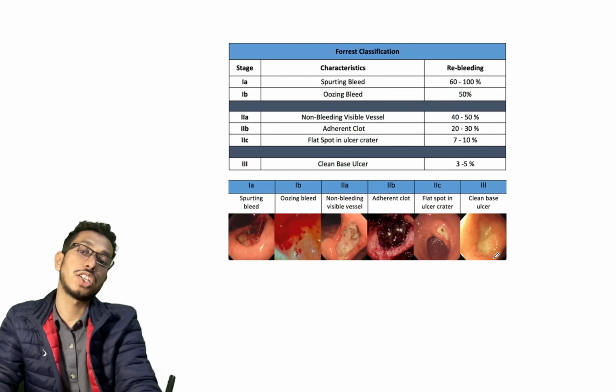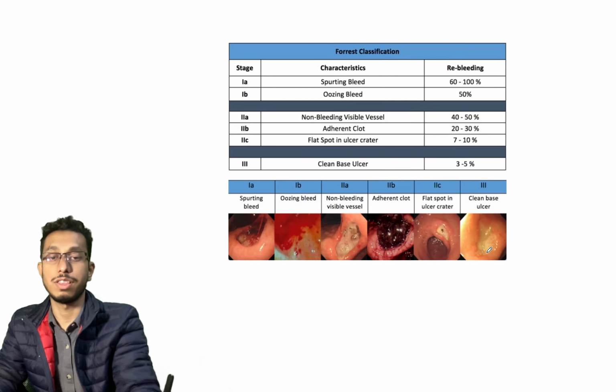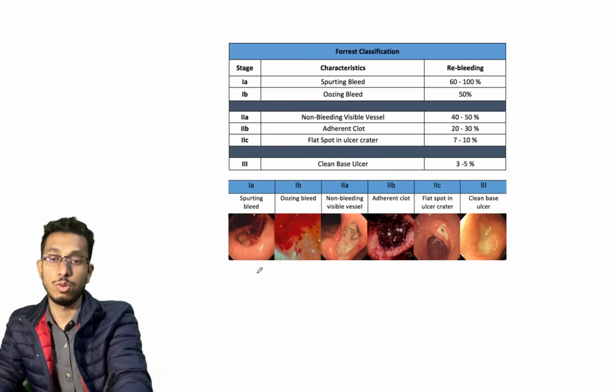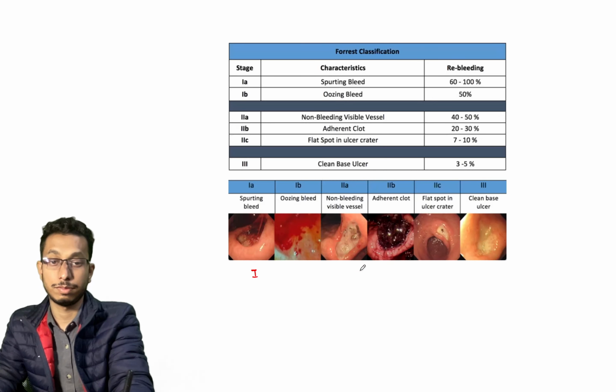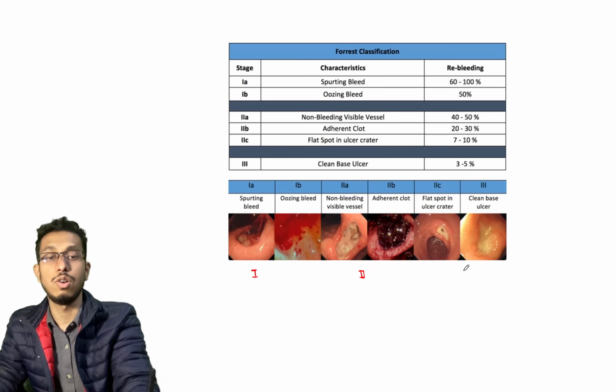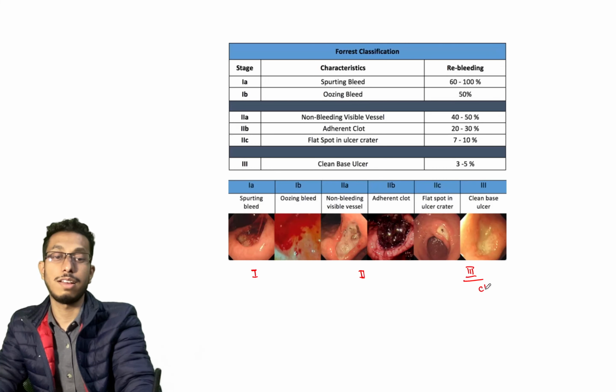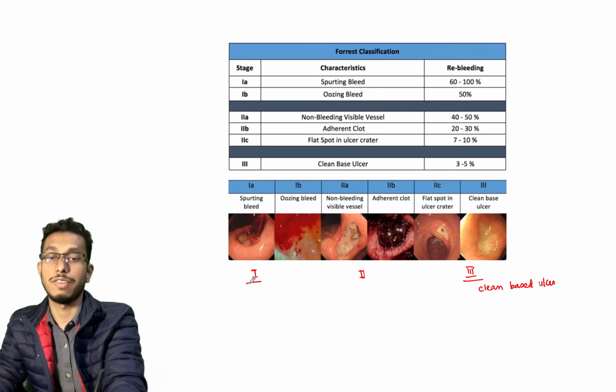This is a classification devised by Forrest based on endoscopic features. So what does it say? It says three things mainly. It defines whether it is an active bleed, or a non-bleeding finding but with a chance that it was bleeding earlier, or a clean base. So class 3 in the Forrest classification signifies a clean base ulcer. Stage 1 signifies active bleed.